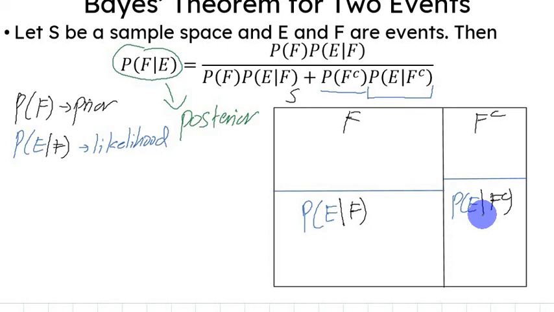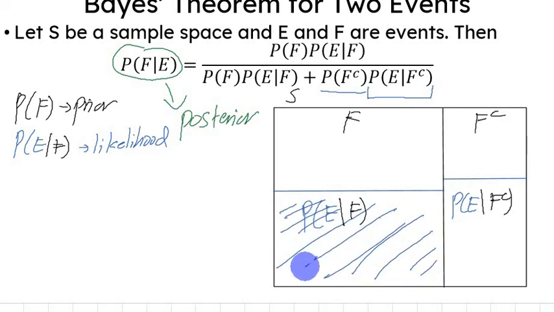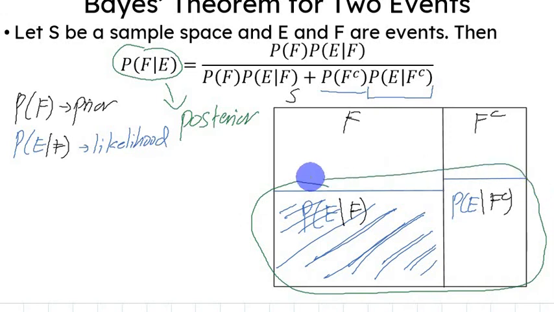So what we're actually looking for is this area here, or the cardinality of this set, all over the one encircled in green, the cardinality of that set in blue.